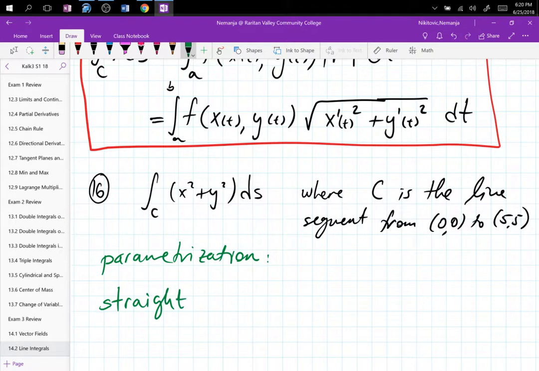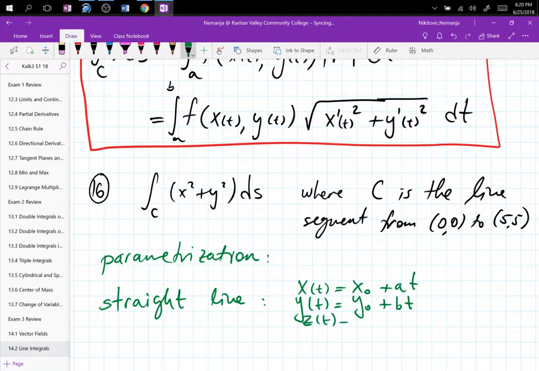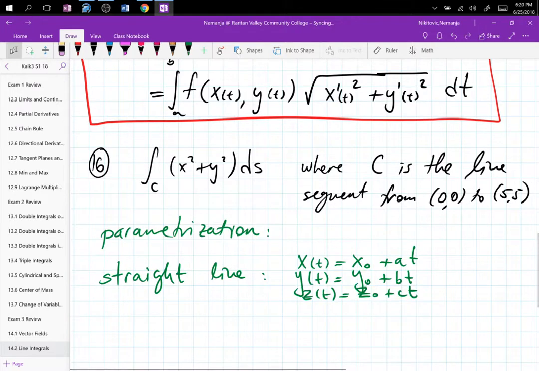A straight line was parametrized by x of t equals x0 plus at, y of t equals y0 plus bt, and z of t equals z0 plus ct. If you are in a 2D realm, we don't need the z. So this is for 2D, only x and y, and all three are for 3D.